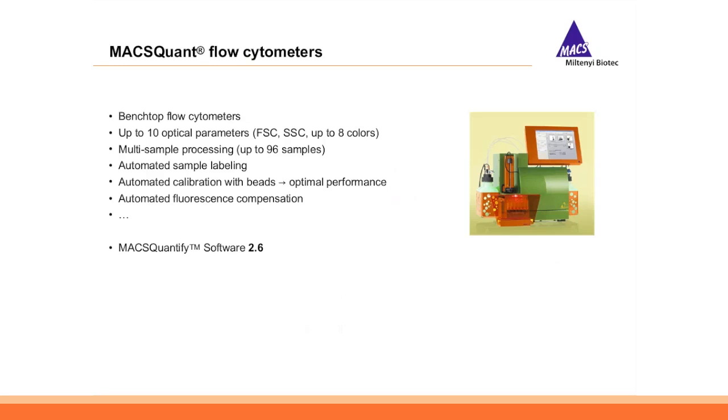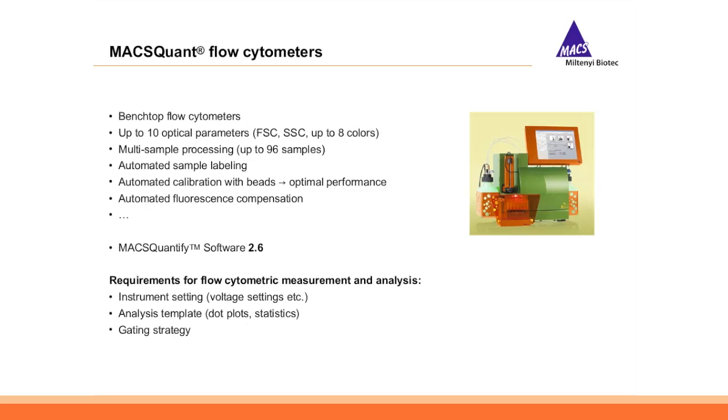The software that runs on our devices is the MACSQuantify software, and our current software is the brand new version 2.6. And all the features I'm going to show you on the next slides are all based on this software 2.6. So what are the general requirements for flow cytometric measurement and analysis?